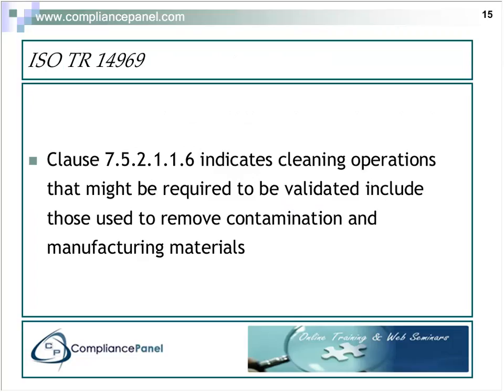Going on, now this is an interesting document here. If you don't have it or have access to it, I'd recommend you might want to obtain it. ISO TR, or Technical Report 14969. And what's this? This is a document that tells you how and the rationale behind the implementation of 13485. So there's some supplemental information in this document that's available to help you as you implement your quality system based on 13485.